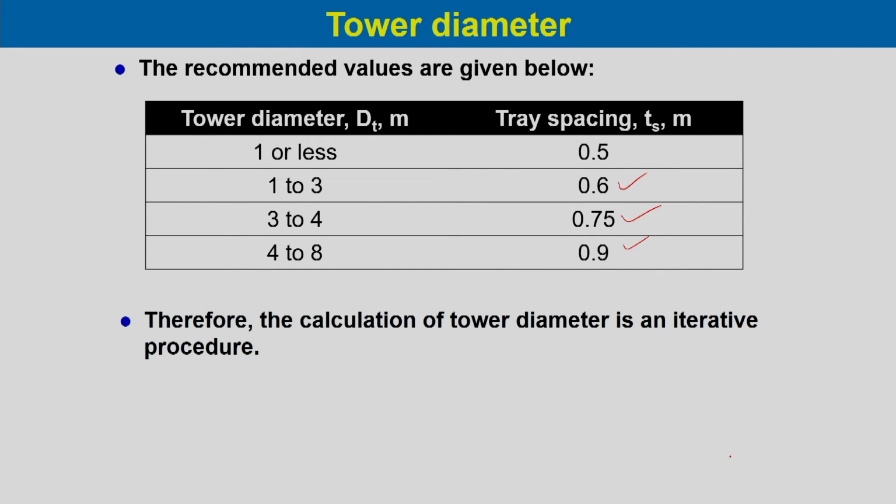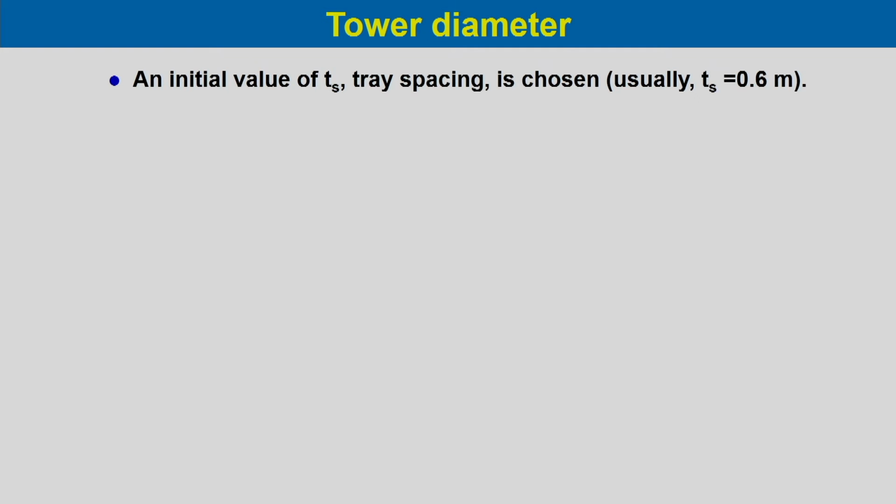So, these are the recommended values which need to be used for the design. Therefore, the calculation of tower diameter is an iterative procedure. An initial value of Ts, that is tray spacing, is chosen, say 0.6 m at the lower values, and then gradually we can iterate with the higher values of tray spacing.